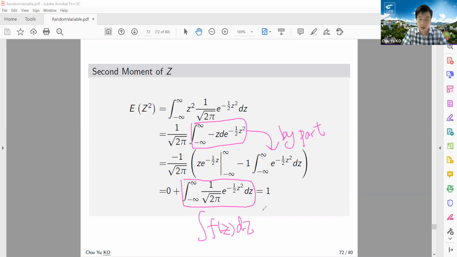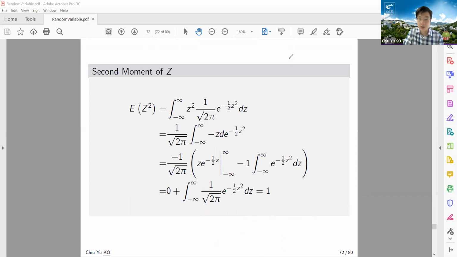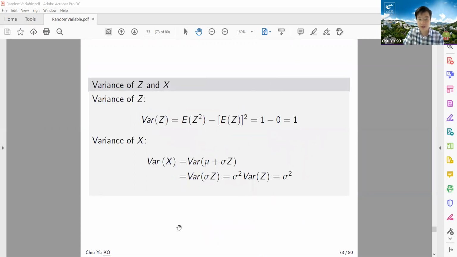That gives you 1. Okay, the same as when you sum up all the p of x equal to 1. So that is the only trick being used here. As I said, I'm not going into detail because of the nature of the course and also the time constraint we have. We just save our time for more important things.